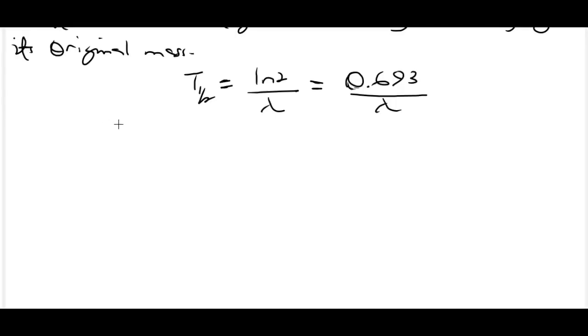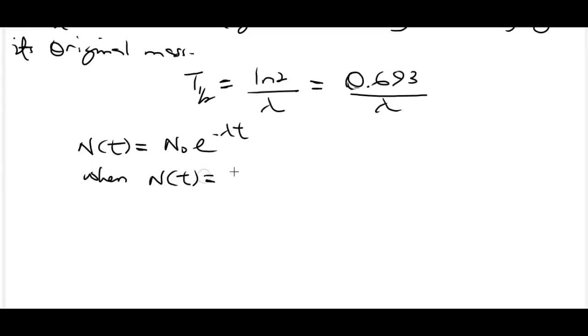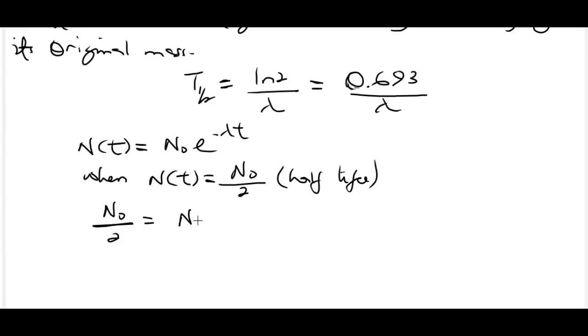From the exponential decay law, we have N(t) equals N naught e raised to the power minus lambda t. And when N(t) equals N naught over 2, which is half-life, because N naught is the initial quantity of a particular material, then we can say N naught over 2 equals N naught e raised to the power minus lambda t.